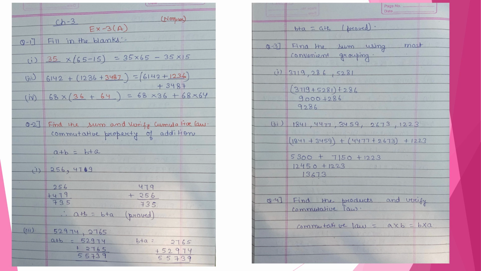So we are doing the grouping in that manner. 1841 plus 3459, it is giving the result 5300. 4477 plus 2673 plus 1223, so we are getting it to be 5300 plus 7150 plus 1223, which adds up to 13673. Question number 4. Find the products and verify the commutative law.